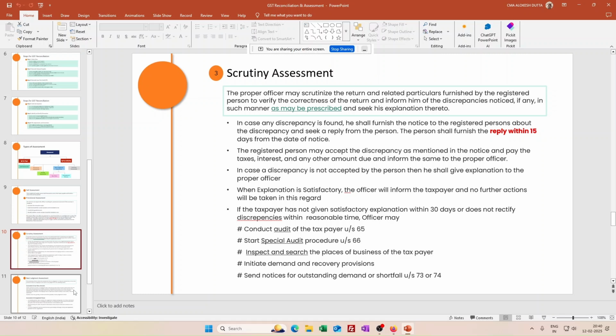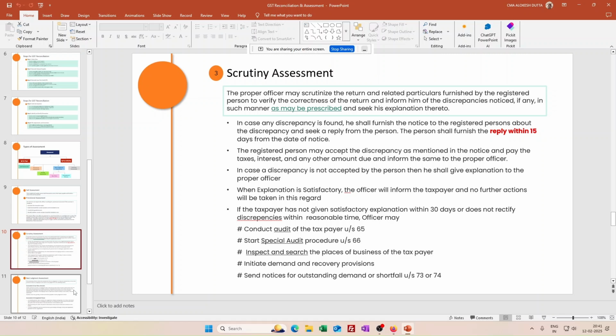So there will be two situations. Either the registered person should accept the discrepancies, rectify them and pay any amount due. Or if he does not agree with the discrepancy found by the officer, he can contest and give an explanation, and if his explanation is satisfactory, the officer can set aside his scrutiny and an order will be passed.